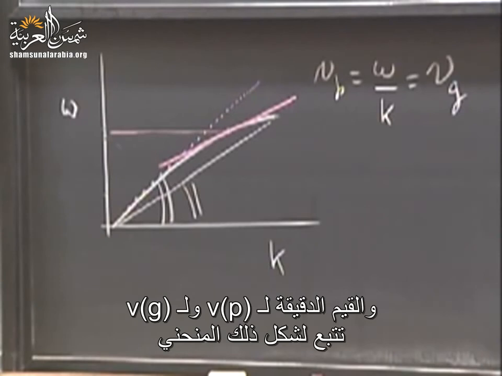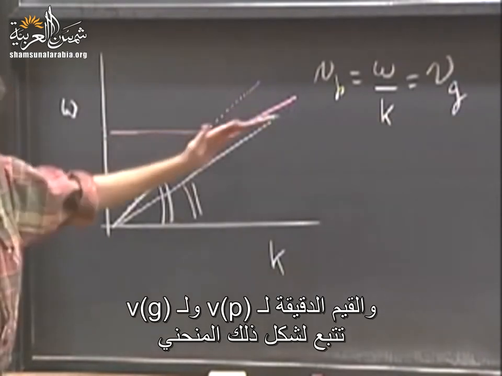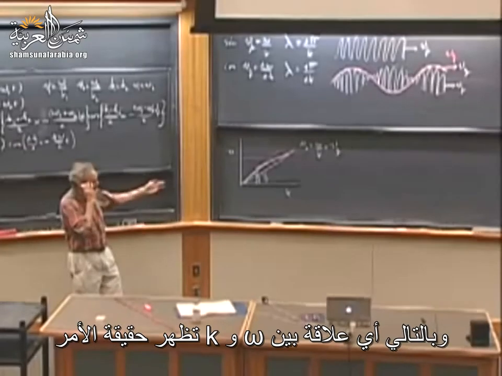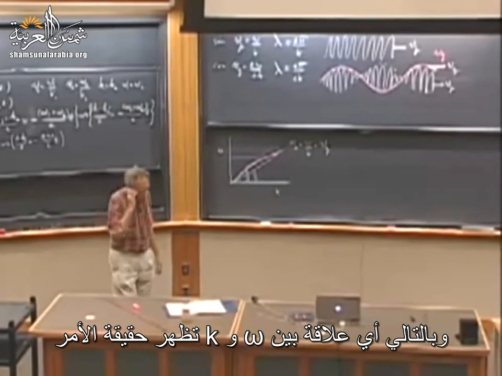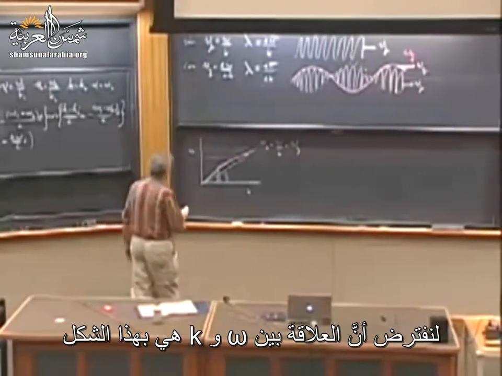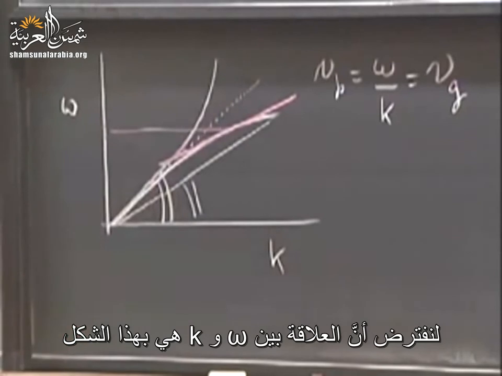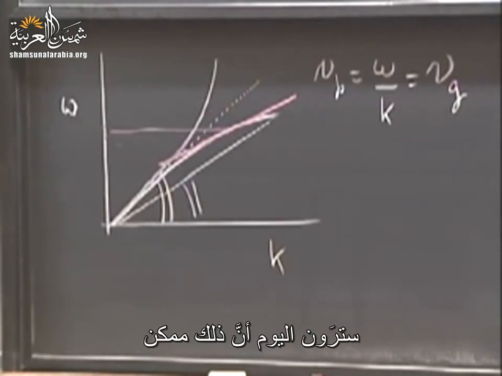The exact values of the phase velocity and the exact values of the group velocity follow from the shape of that curve. So you have to know that curve, and that curve is called in general the dispersion relation. So any relation between omega and k gives the whole show away. Suppose you had an omega-k relationship that goes like this. And you will see today that that's possible.